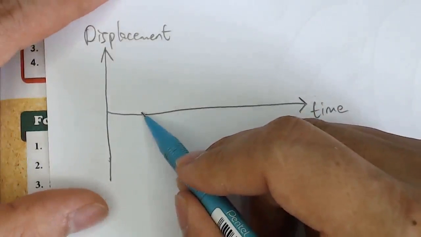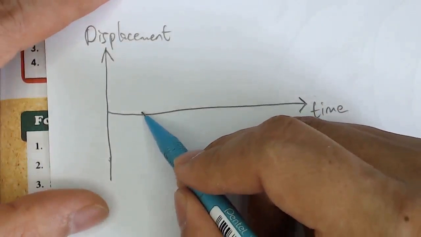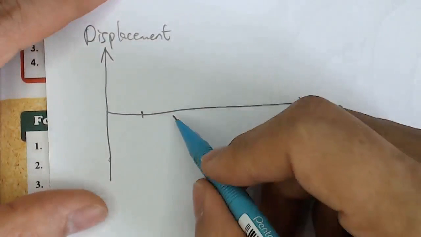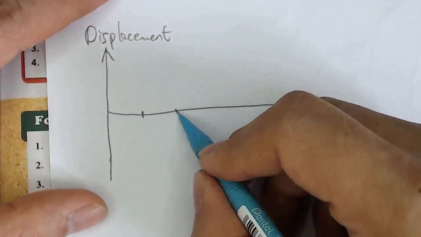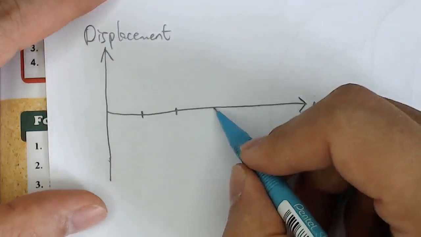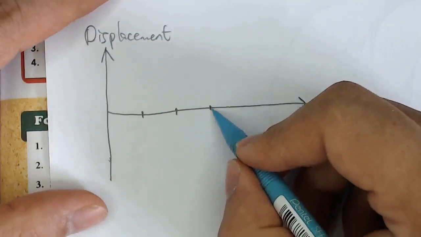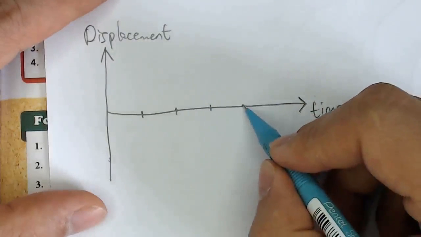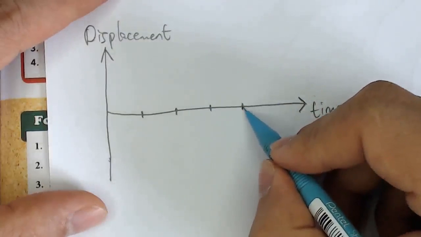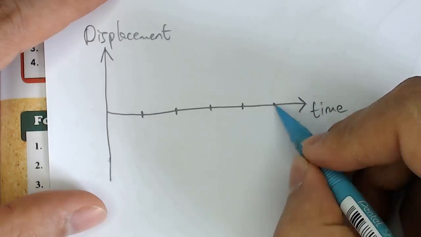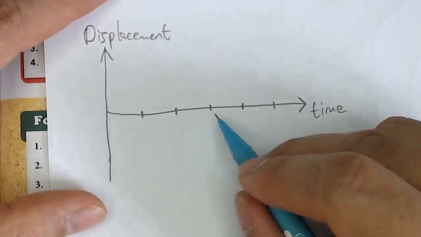Before we are able to sketch the damping waves, let's have this scale, this interval, the same interval like this.